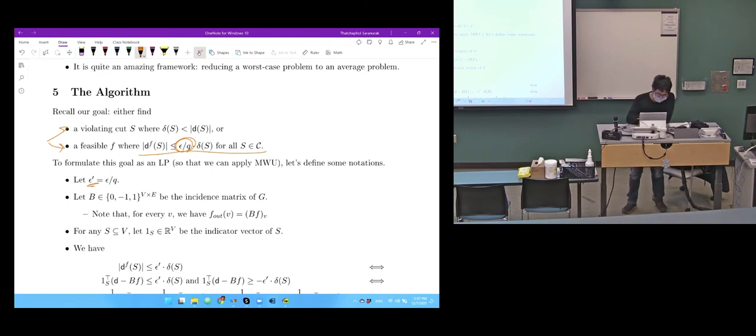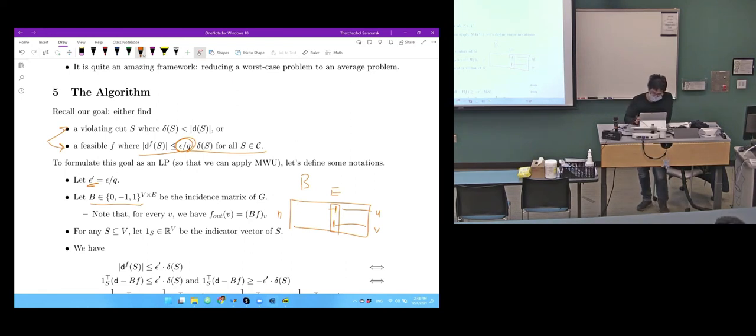And we can write there is an incidence matrix B, which is defined like this. B is such that there are n rows here, and each column corresponds to an edge. If there is an edge between u and v, then you put a 1 and a minus 1 in this column, and everything else is 0.